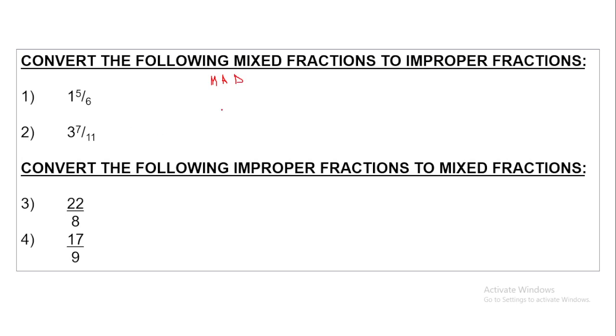Meaning that when we're converting a mixed fraction into an improper fraction, we're gonna say the whole number multiplied by the denominator first, which is the M, that's what the M stands for. Multiply 6 multiplied by 1, that will give us 6, and then we add the number to the numerator, which is 6 plus 5, giving us 11 over 6. So that is the answer for this one.